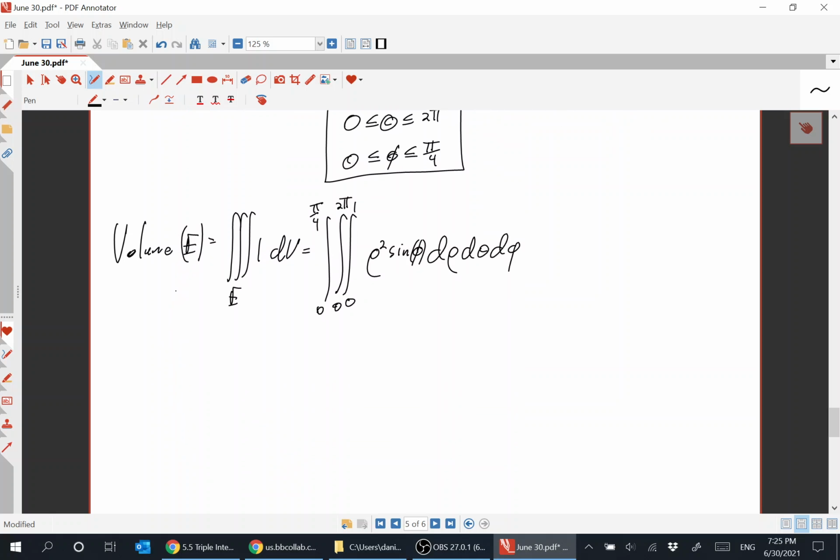Okay, so the antiderivative with respect to rho of rho squared is 1/3 rho to the third. And then the sine phi, of course, is constant. So 1/3 rho to the third sine phi. There's two ways to write phi, by the way.